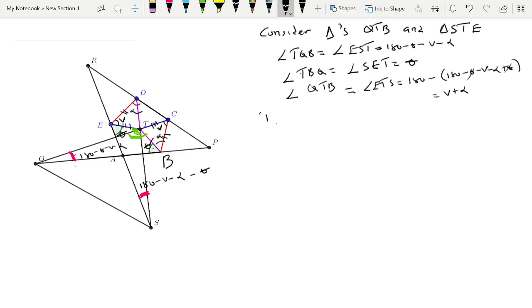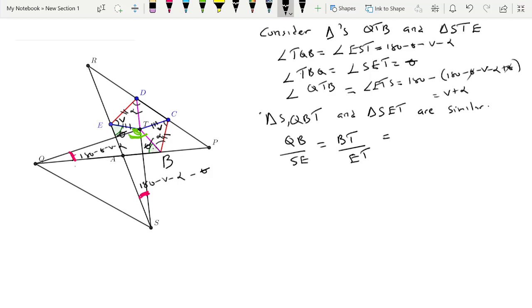This means that triangles QBT and SET are similar, right? This is like a similar ratio stuff. So we can write out the similarity ratio. That means QB over SE is equal to BT over ET, which is equal to QT over ST.